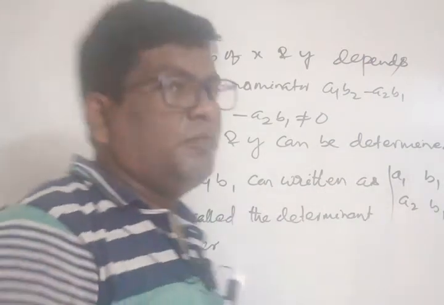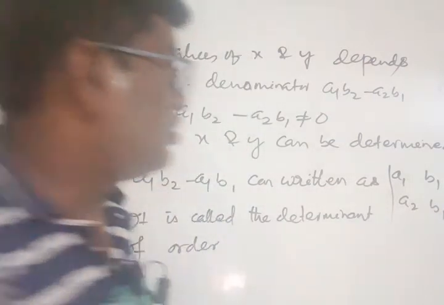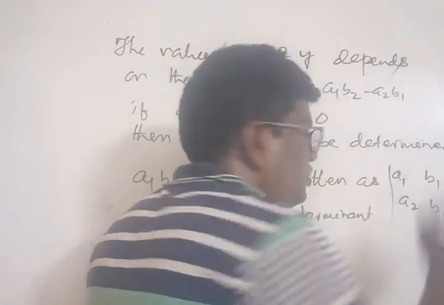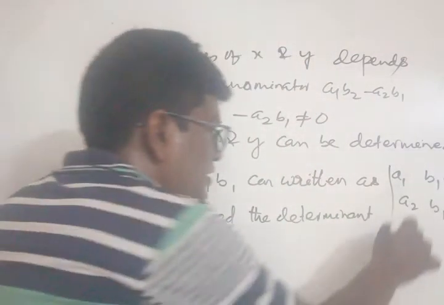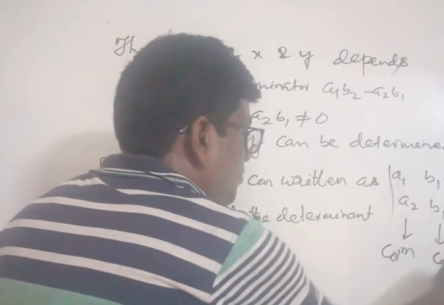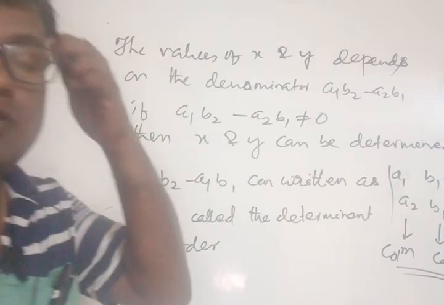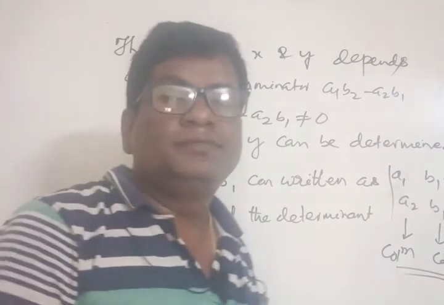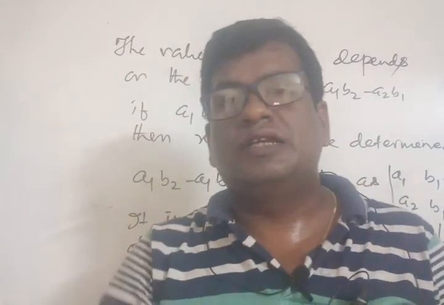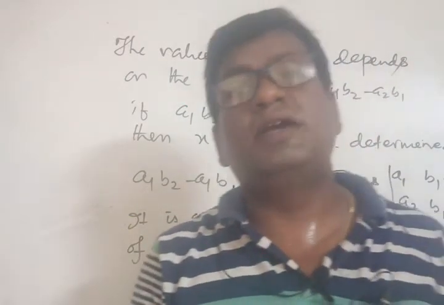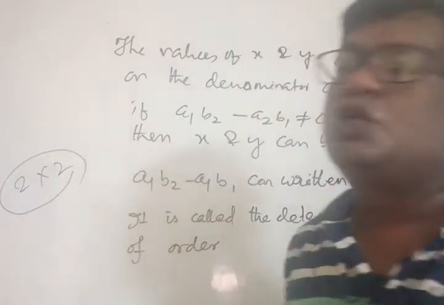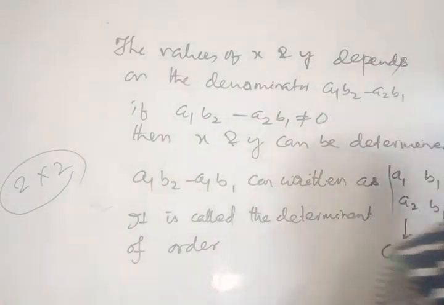Here this is a row and this is a row, so the number of rows is equal to 2, and this is a column and this is a column, so the number of columns is also 2. If there are 2 rows and 2 columns, then the determinant is called a second order determinant, or the determinant of order 2 by 2. This is read as 2 by 2. Correct?